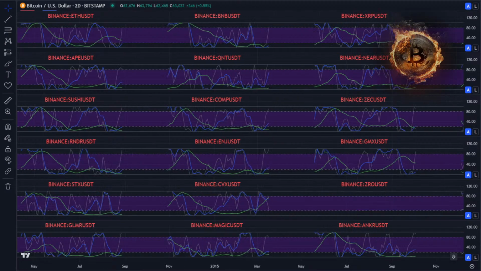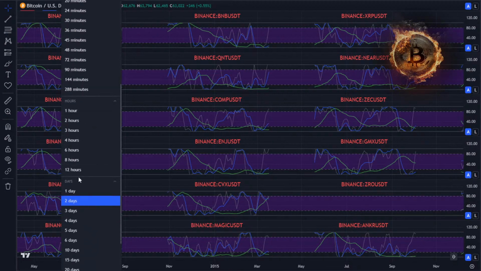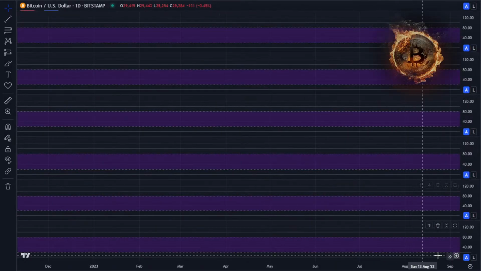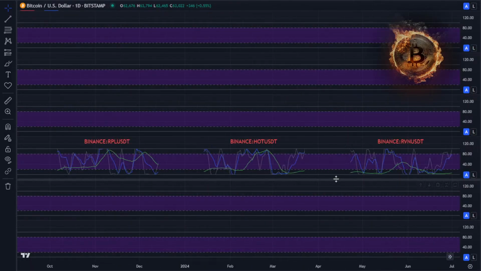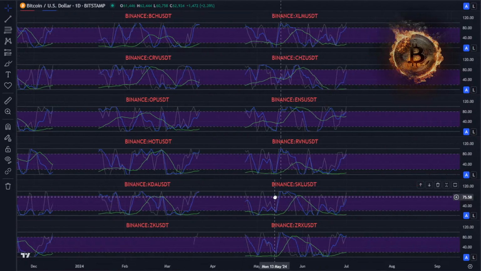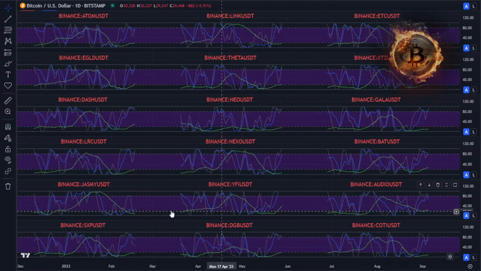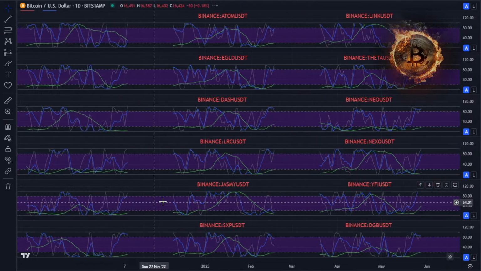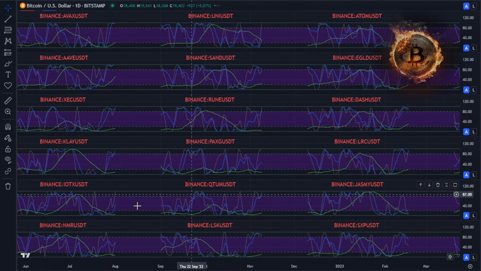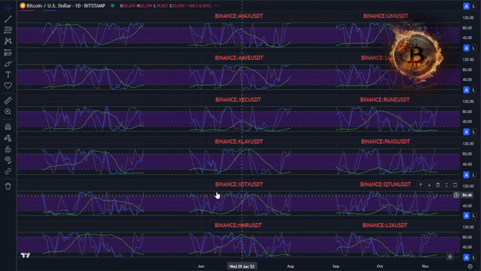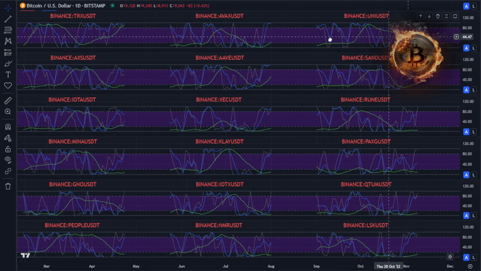I'm just gonna check out one particular time frame, which is the 1-day on the last group, out of curiosity, to see if I'm missing something. And I'm gonna just hover over it quickly, see if something is faking down or showing me anything. Like, look at this one, for example, Uni.